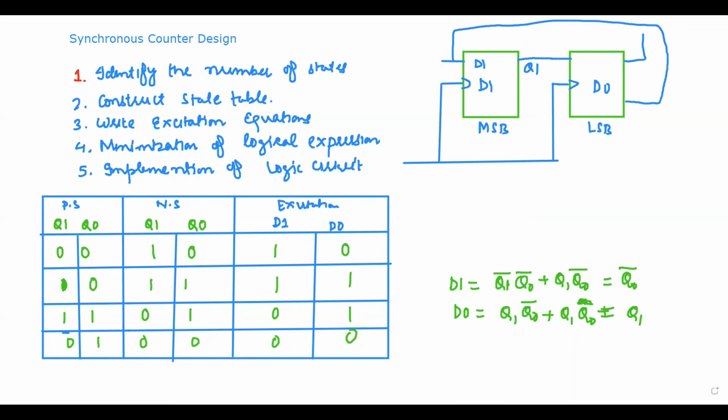Next, I will be showing you a 3-bit counter of a particular sequence. The sequence which I have selected is a mod 8 synchronous counter. What's inside a mod 8 synchronous counter?